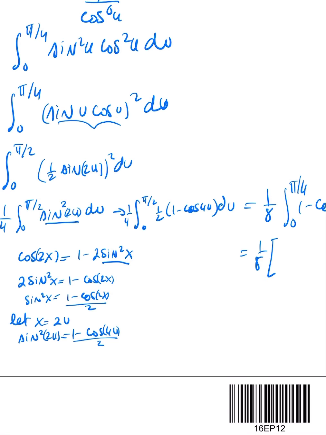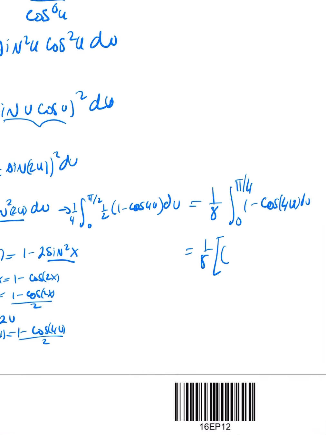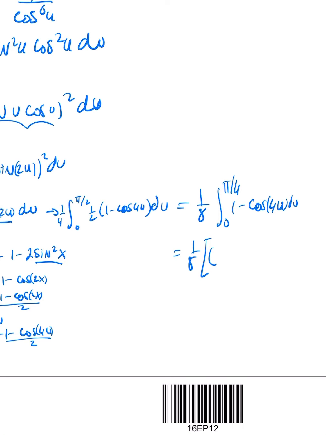What's the integral of 1 with respect to u? It's just u. And cosine 4u integrates to what? 1 over 4 sine 4u. Good. And this is from 0 to pi over 4.